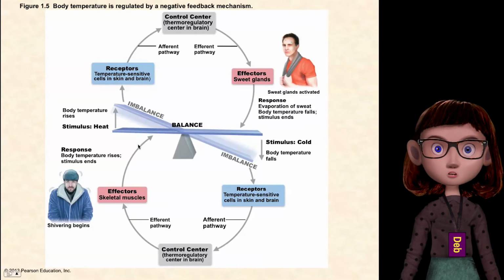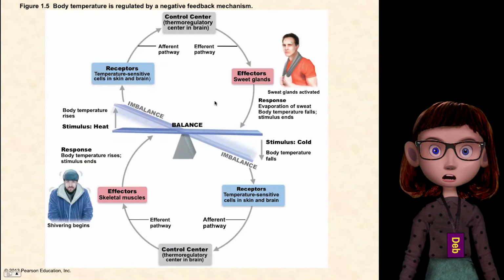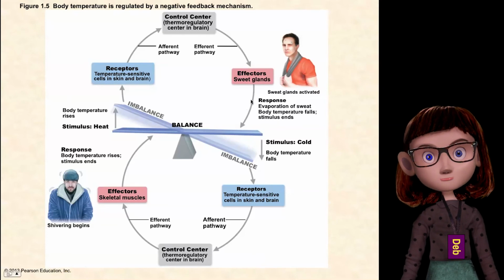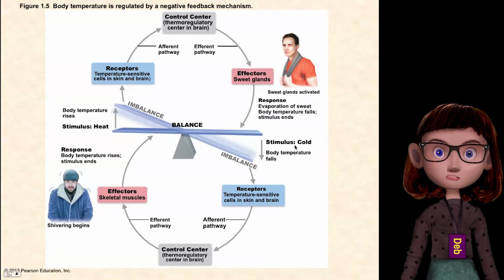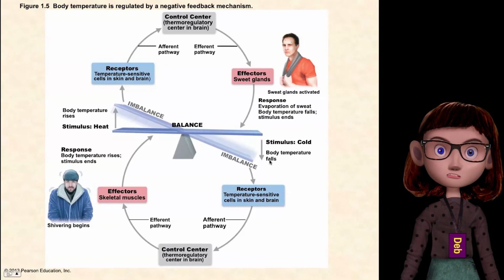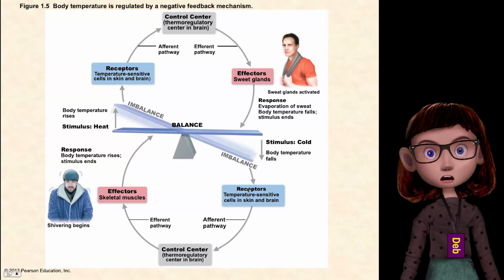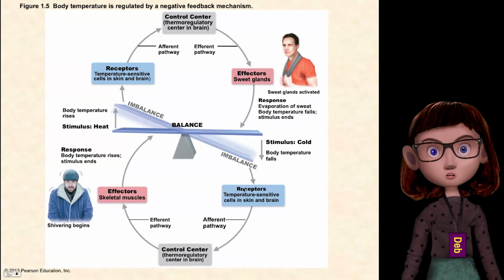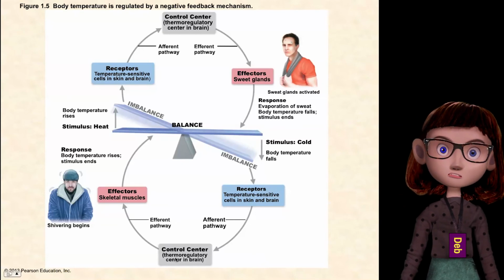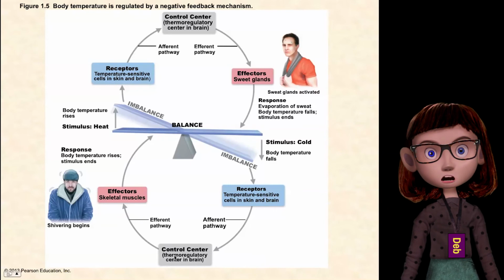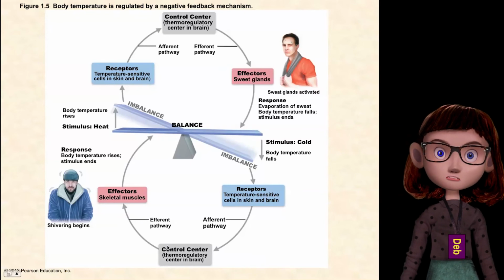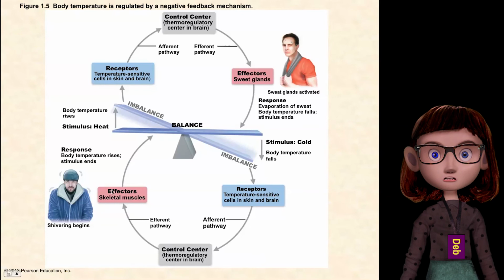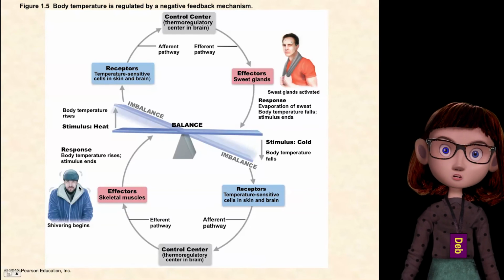Now, when the body temperature is brought into balance, the stimulus ends, and you should stop sweating. Now let's just say that the stimulus is cold. Body temperature falls. Receptors in the skin, temperature-sensitive cells in your skin and the brain, send signals through an afferent pathway to that thermoregulatory center in your brain, and then through the efferent pathways will stimulate the body to, first of all, start shivering.